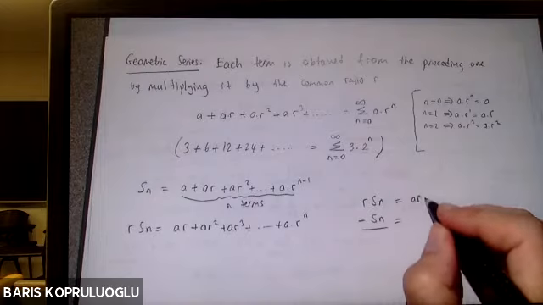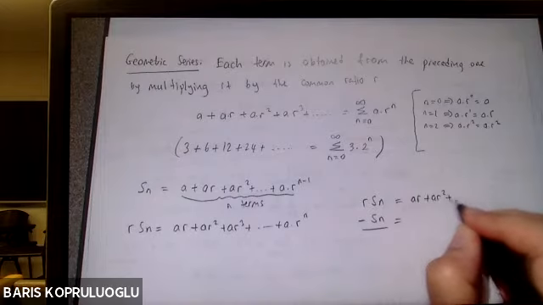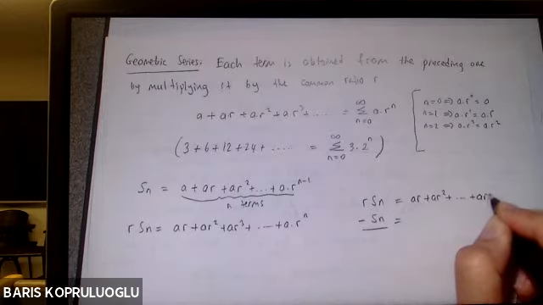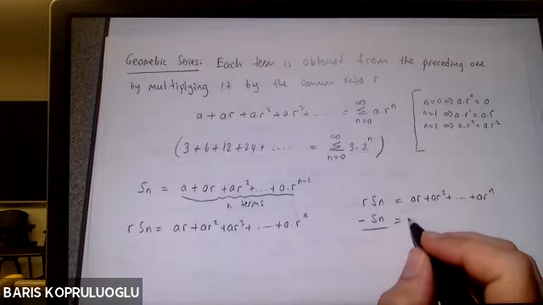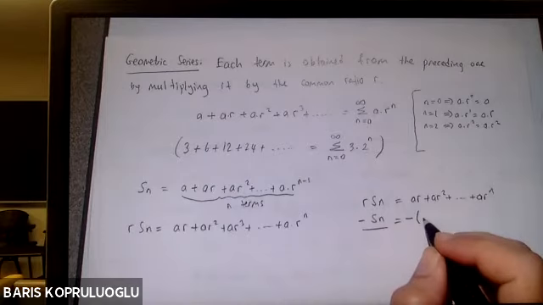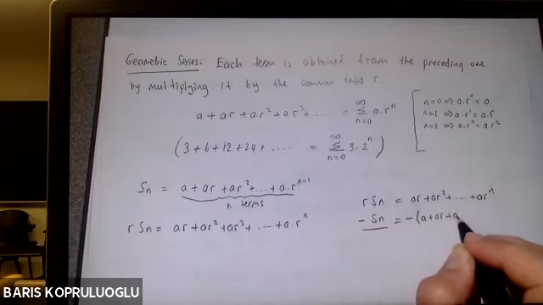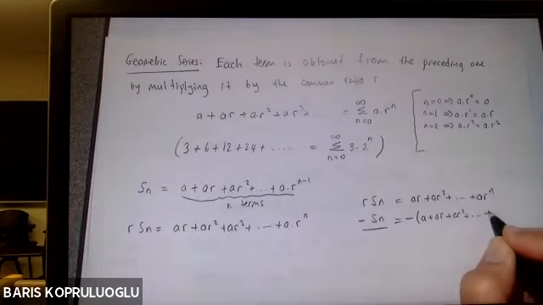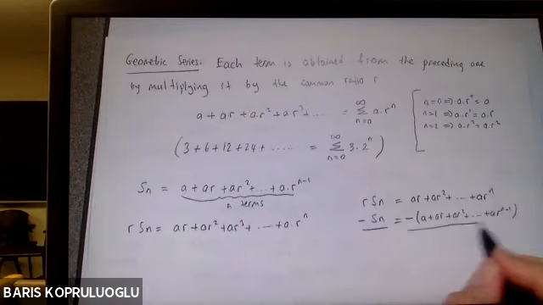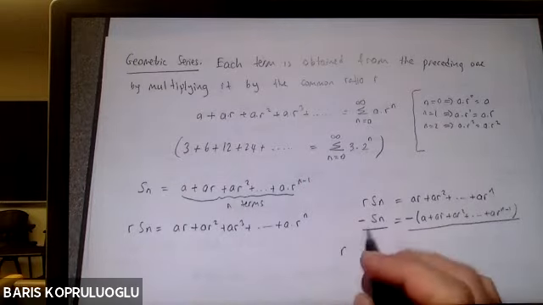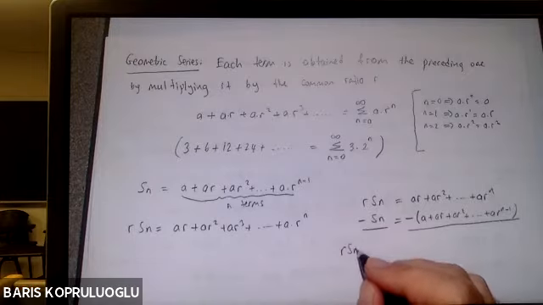rSn is ar squared, all the way to ar^n, and Sn is ar plus ar squared, all the way to ar^(n-1). So if you do that, on the left-hand side you'll have r times Sn minus Sn.